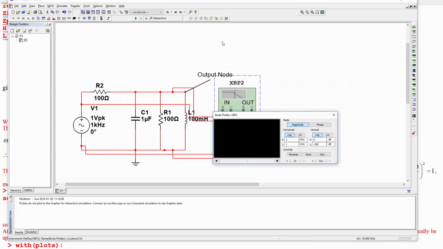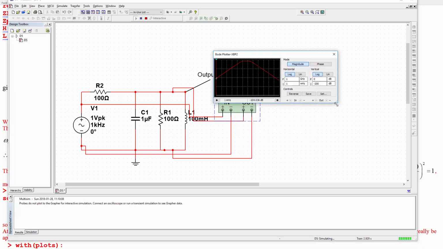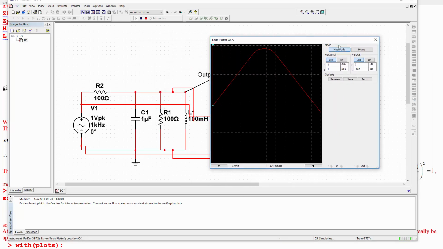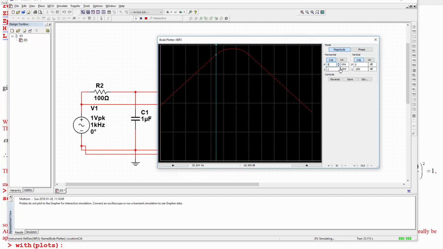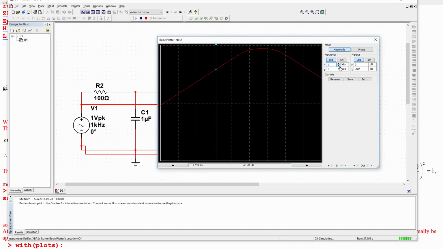Then you can just run the simulation in interactive mode, and it will plot the magnitude and the phase for you. You can set up exactly the ranges that you're looking for. You can move around cursors here, and it reports directly in decibels, knowing that you're going to be dealing with this for Bode Plot type work.